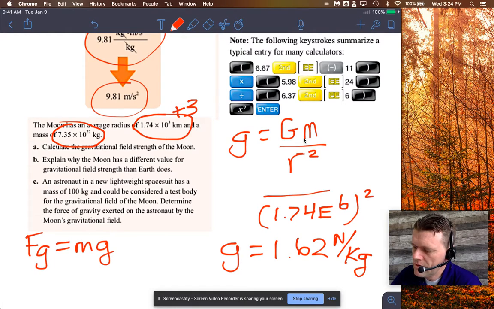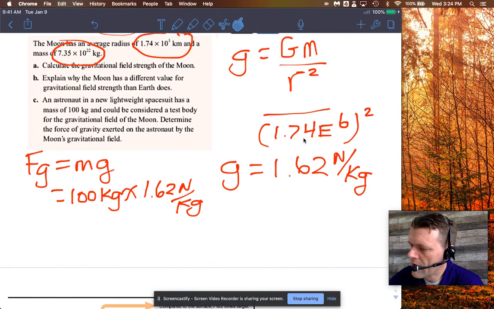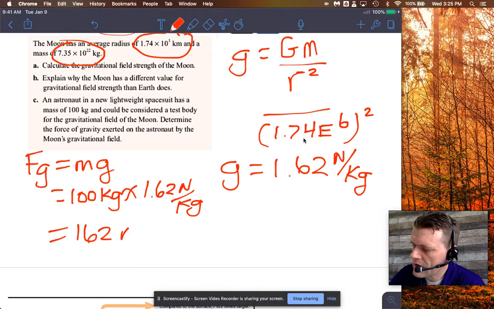So all you would do is take that mass, 100 kilograms, and you would times it by g, which we found to be 1.62 newtons per kilogram. And no surprise there, this will come out to 162 newtons. That's actually super light, by the way. 162 newtons is nothing. You can almost lift that easily with a couple of fingers in those conditions.